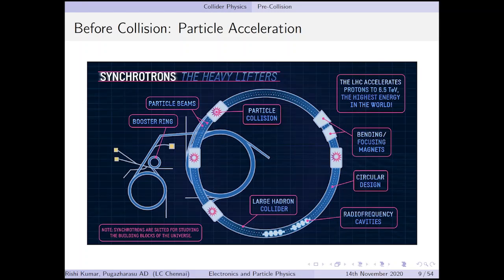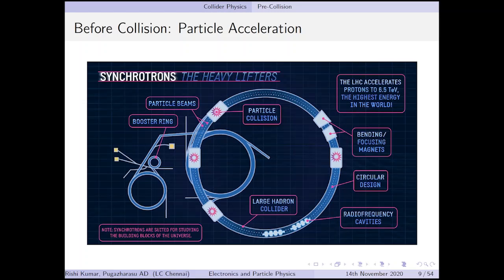Now that we have accelerated the protons and contained them, we need to collide them. The two counter-rotating beams, consisting of thousands of proton bunches, are sent to collide at specific locations around the LHC ring.